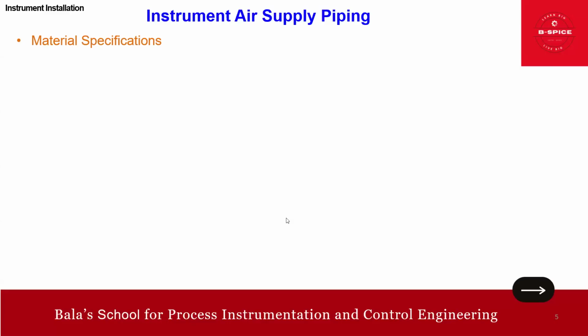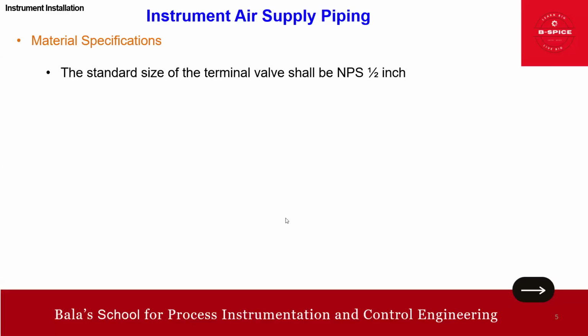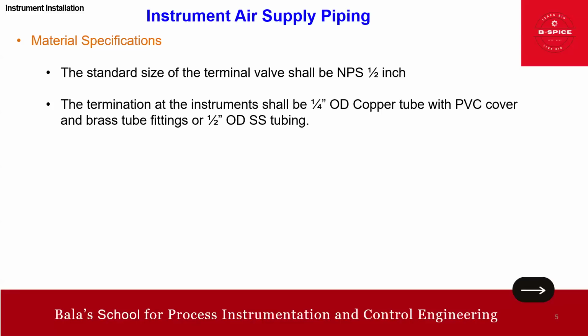And now we'll go into the material specification. The standard size of the terminal valve, meaning the isolation valve, is 1/2 inch. The termination of the instruments shall be a 1/4 inch OD copper tube with PVC cover on brass tube fitting, or 1/2 inch OD SS tubing. So this is again based on your project requirement.